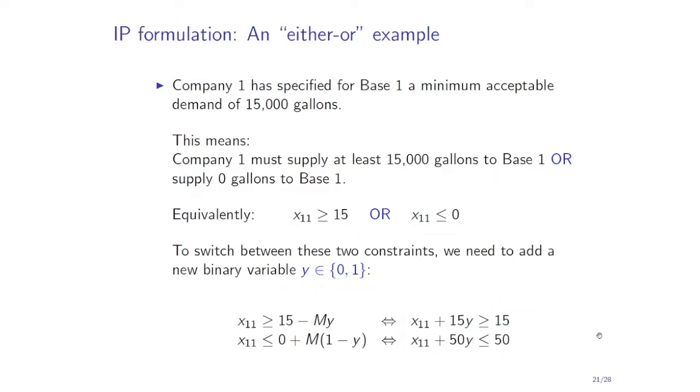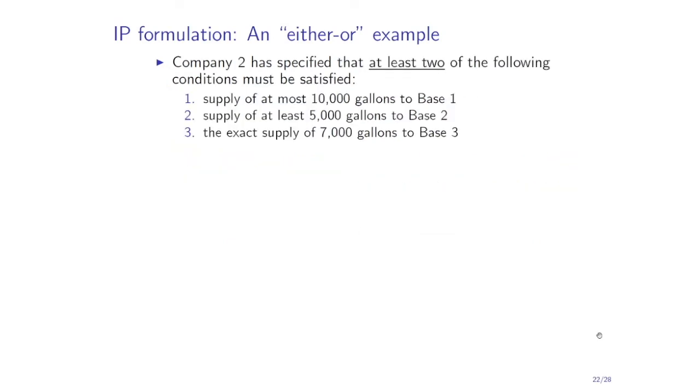Now let's move to the requirement of the second company. The second company says that I have 3 conditions and you have to satisfy at least 2 of them. The first condition is that I can give at most 10,000 gallons to base 1.